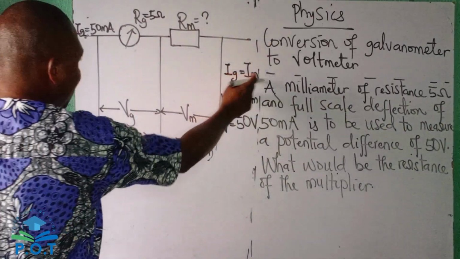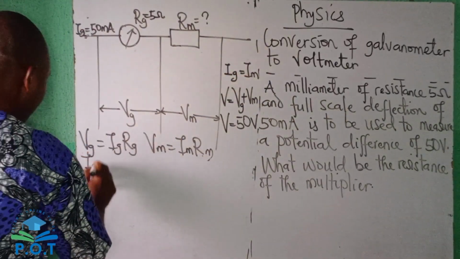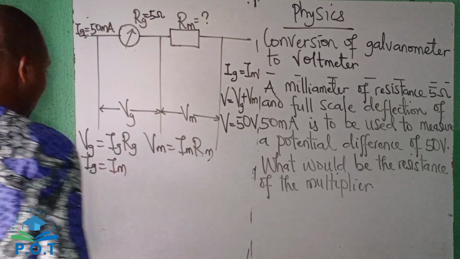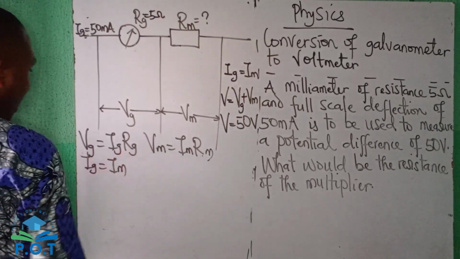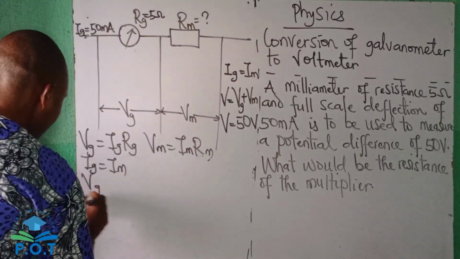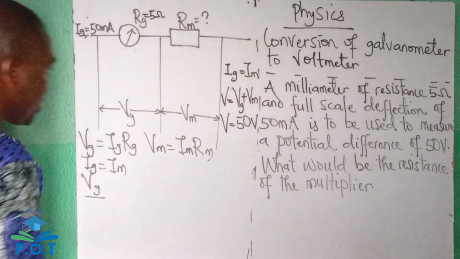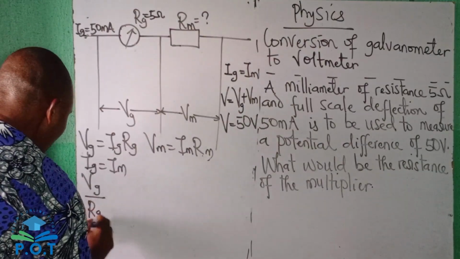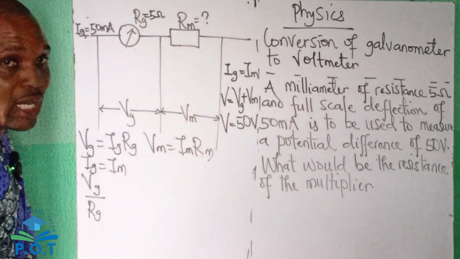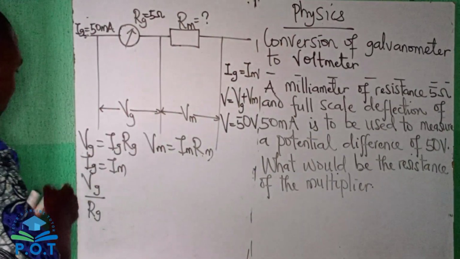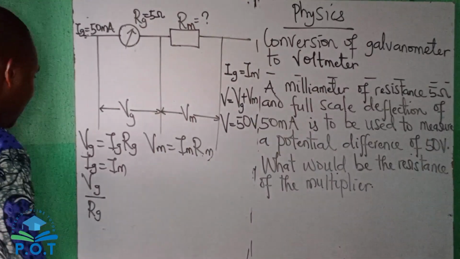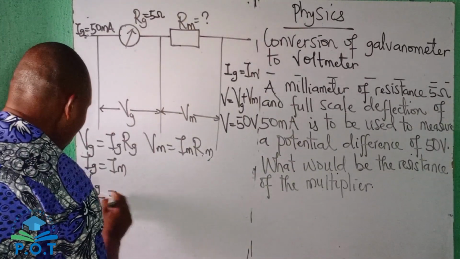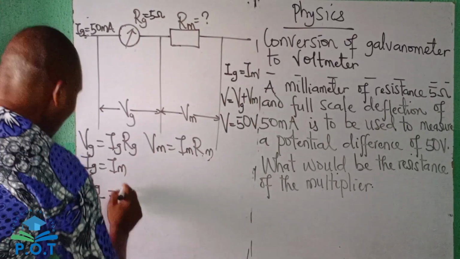Since our Ig is equal to Im, our Ig here will be Vg over Rg, that is the PD across the galvanometer over Rg, the resistance of the galvanometer, or the milliammeter, I beg your pardon. It is equal to my Im, which equals Vm, the PD across the multiplier, over Rm, the resistance across the multiplier.